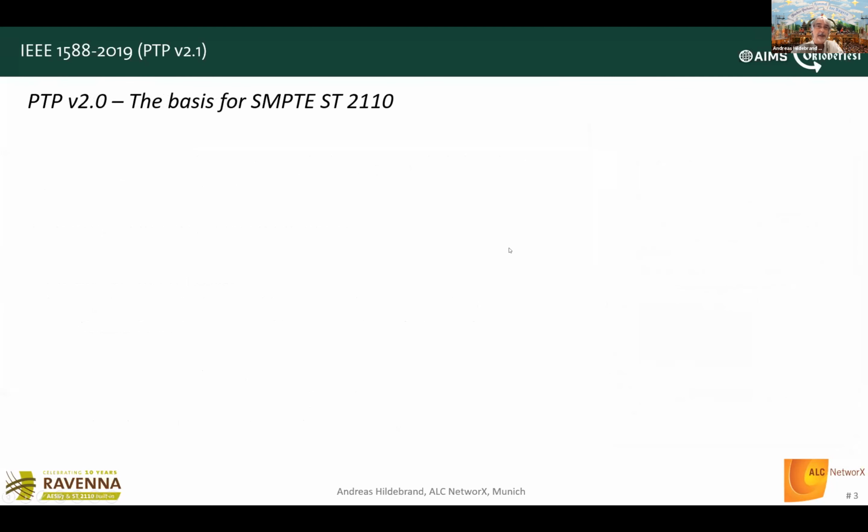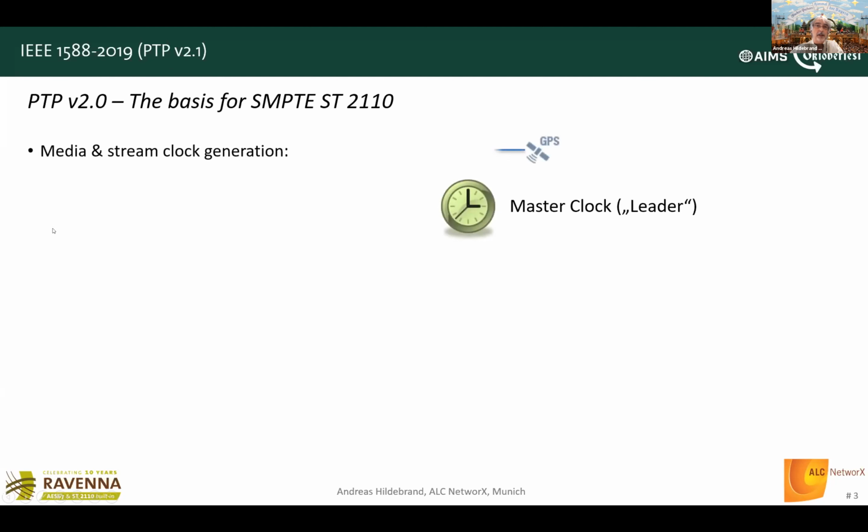Just a quick recap. PTP version 2 is the basis for our SMPTE 2110 protocol for our media over IP networks industry. We use PTP for media and stream clock generation and synchronization. So we usually have a master clock in the system.